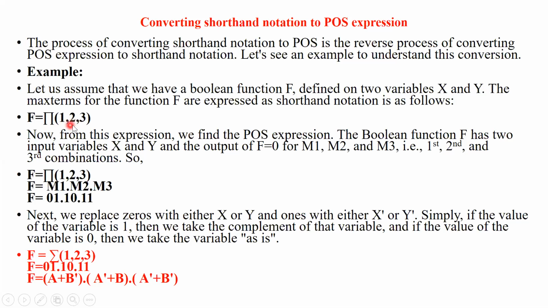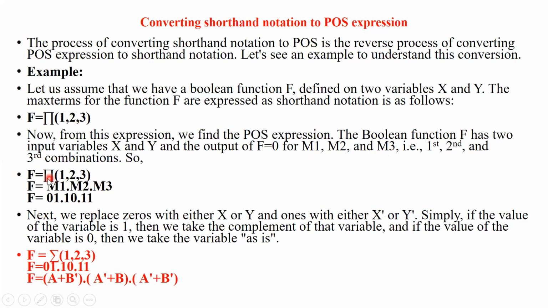That means M1, M2 and M3, and since it is the product of sum, it is the max term. Now what is M1? We have M0, M1, M2 and M3. So M1 is 0, 1, M2 is 1, 0, and M3 is 1, 1.